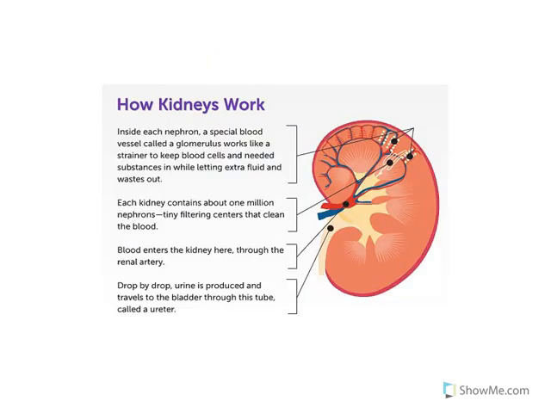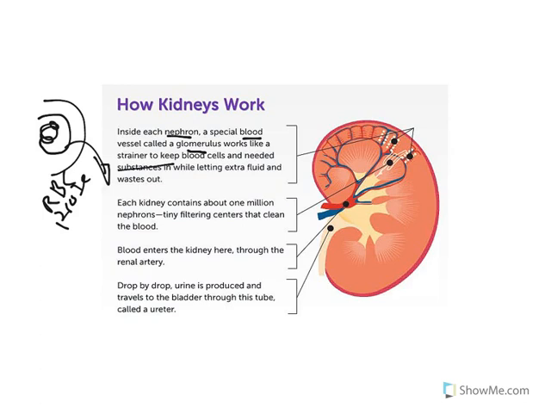Just to recap, inside each kidney we have the nephron, which has special blood vessels called the glomerulus. Remember, the glomerulus in the Bowman capsule works like a strainer to keep blood cells and needed substances. Both RBCs and protein are kept back, and everything else goes through the Bowman capsule.